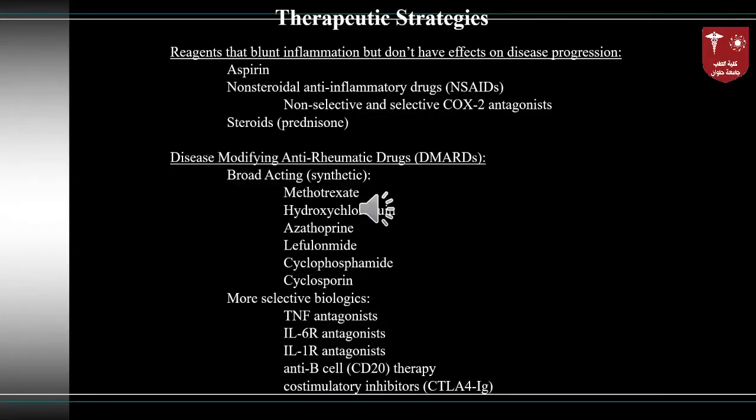After that comes the disease-specific treatment, which is called disease-modifying anti-rheumatic drugs, or DMARDs, which can be classified into two broad categories: the broad-acting, which are synthetic in origin, and the more selective type, called selective biological disease-modifying anti-rheumatic drugs.